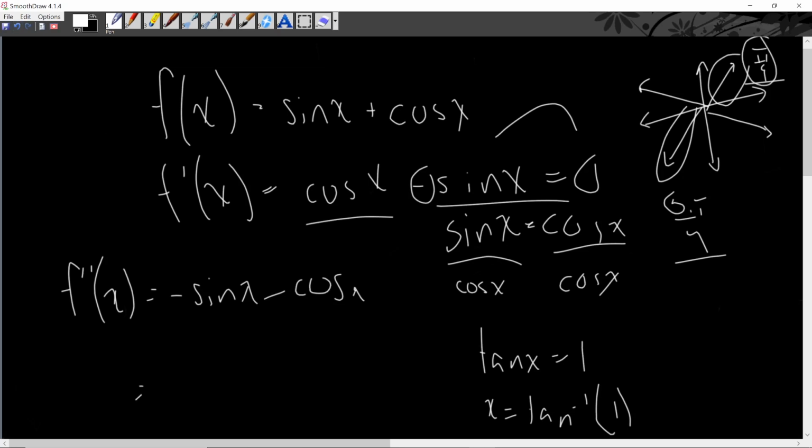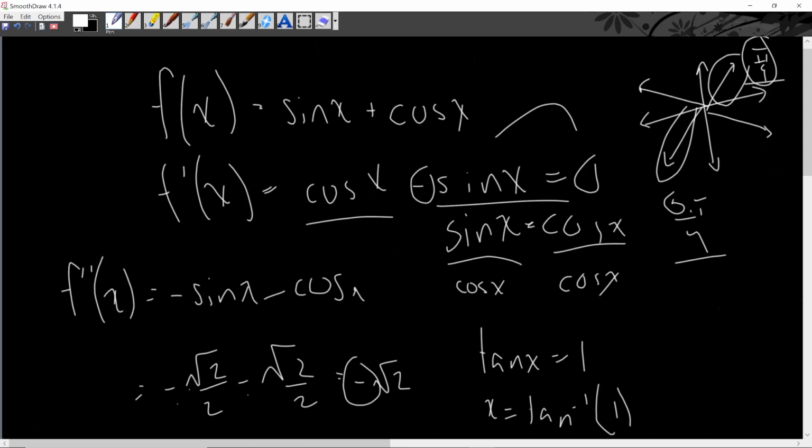You'll get negative root 2 over 2 minus positive root 2 over 2. We don't even need to do any work past that, even though we will because it's fun. Negative root 2 minus root 2 will be negative 2 root 2, and then you have that over 2, so you'll have negative root 2. But automatically when you saw this minus and a minus, we know that this will be a negative number. So this will not be a local minimum.